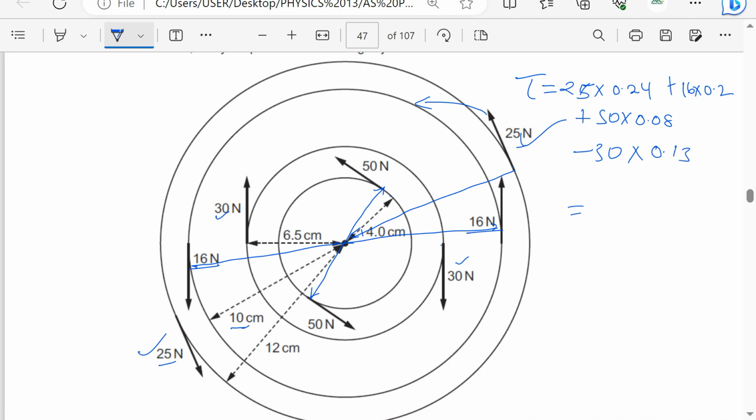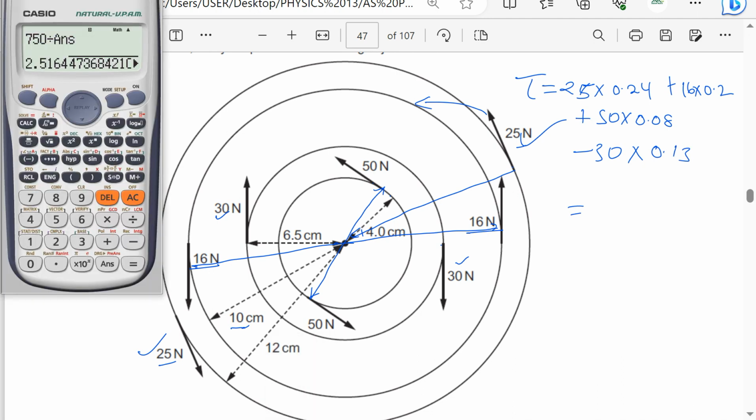So I'll just press the calculator to see the resultant. 12 times 0.24 plus 16 times 0.2 plus 50 times 0.08 plus, minus 30 times 0.13.